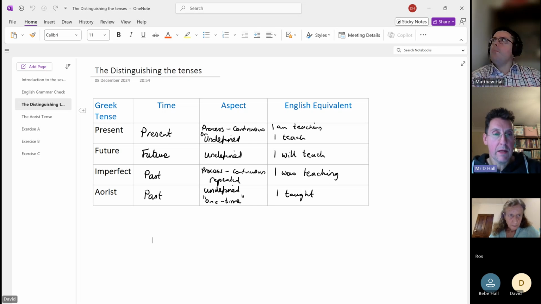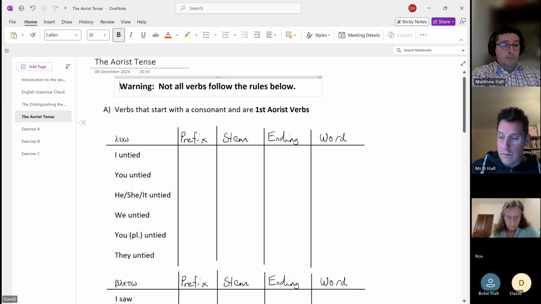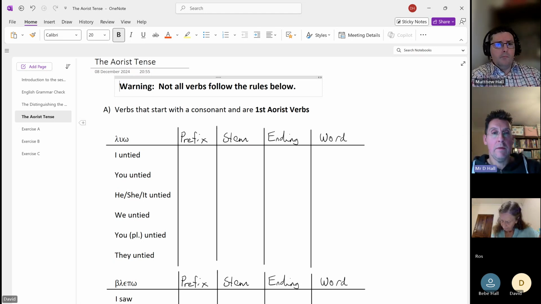Okay, and that's going to take place for the aorist as well. So if we look at how we might define the endings for our verbs, just before we go through one, it's worth noting that not all verbs are going to follow the rules that go below.